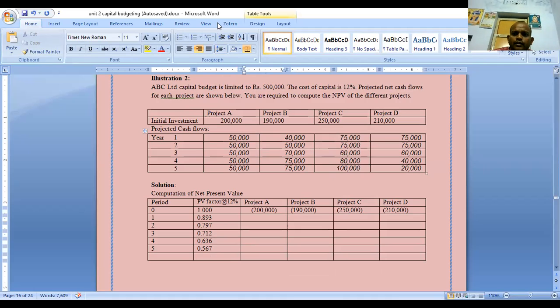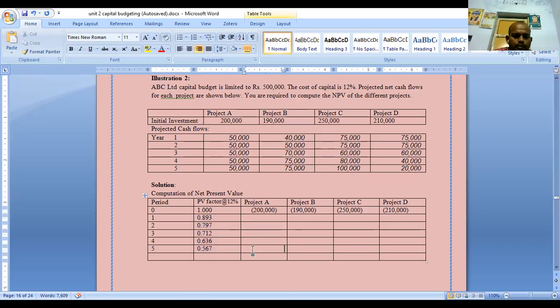So that annuity factor is 3.605, or you can combine all these present value interest factors for 5 years, you will get the same amount, that is 3.605.